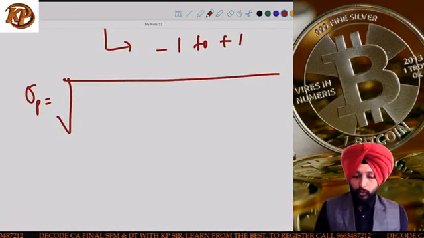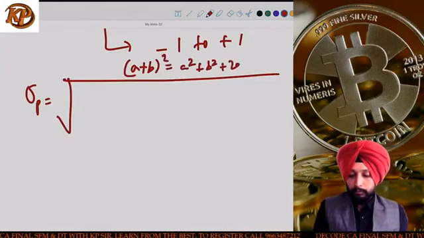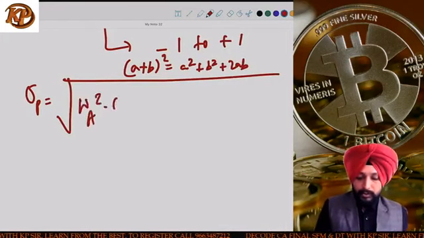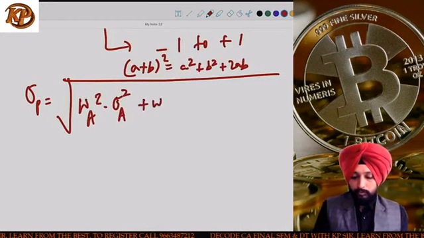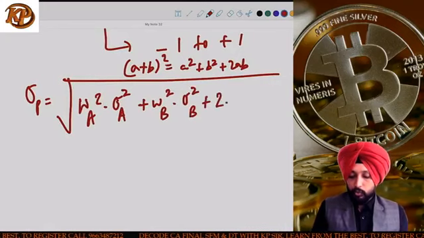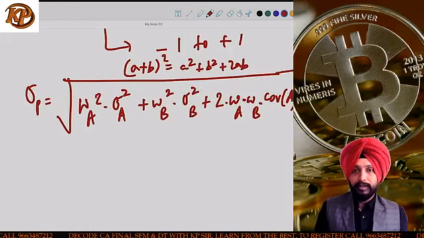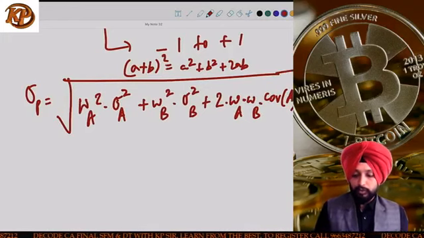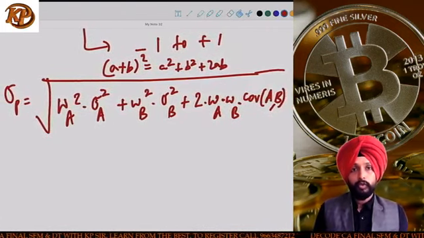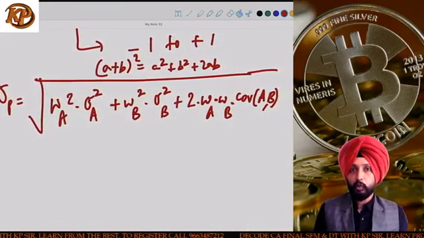For 2 stocks, we keep in mind this formula: a plus b whole square is equal to a square plus b square plus 2ab, and because it is standard deviation, there is a root over it. So the formula is: weights of a square into sigma square a plus weights of b square into sigma square b plus 2 into wa into wb into covariance between a and b, all under the root. This is the formula we use for a 2 stock portfolio.